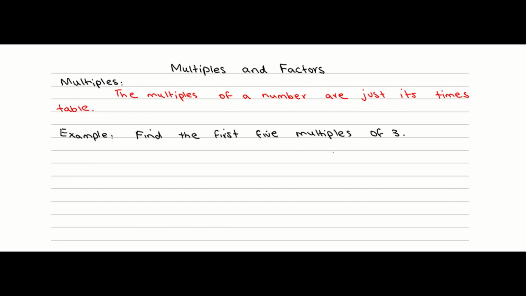The first five numbers are 3, as 3 times 1 is 3, 3 twos are 6, 3 threes are 9, 3 fours are 12, and 3 fives are 15. So these are your first five multiples of 3.